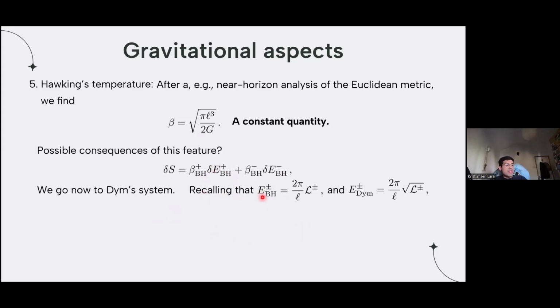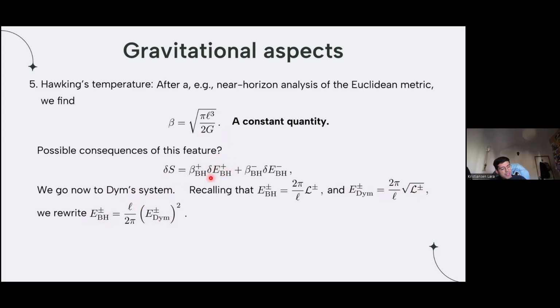Recalling, and this is important, that the energy of Brown-Henneaux is linear in L, and the energy of DIM is proportional to the square root of L plus minus, then it is possible to rewrite the energy of Brown-Henneaux as proportional to the square root of the energy of DIM. Why is this important? Because here you will have a variation of the energy of Brown-Henneaux.